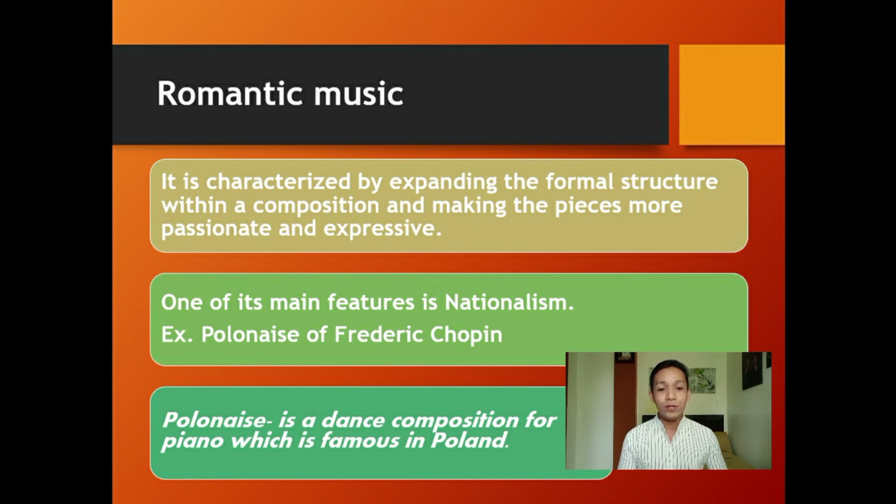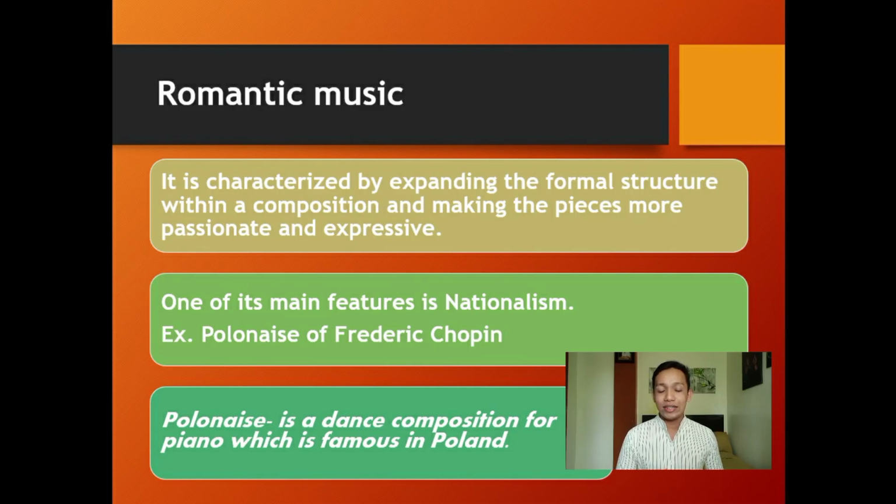So, if you are going to interpret this definition, it is getting away from the traditional or conventional way of presenting music. Very formal, very simple, and very elegant. And the romantic music turning this into more expressive and more exaggerated way of expressing ideas and emotions by the composer.